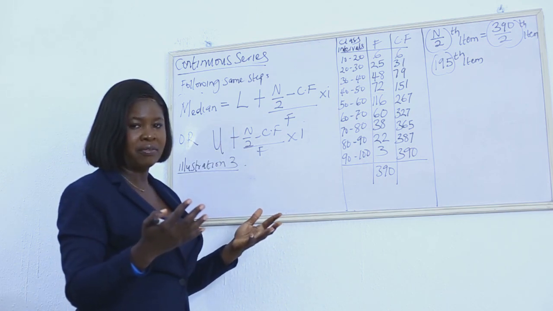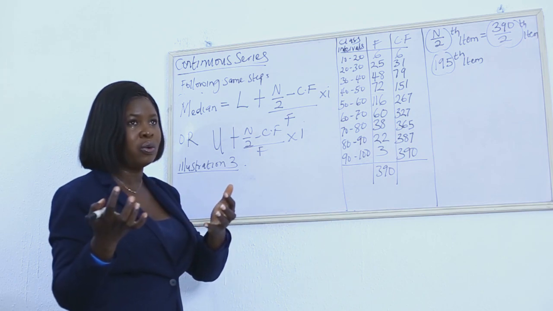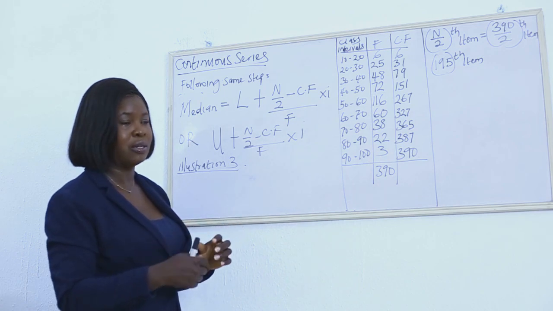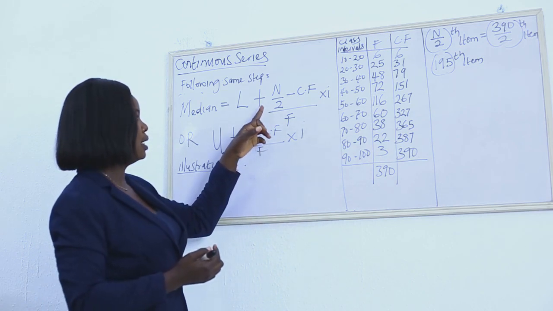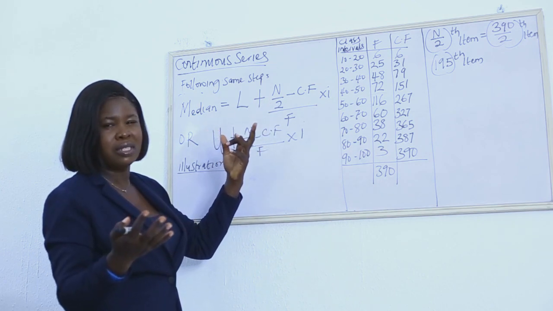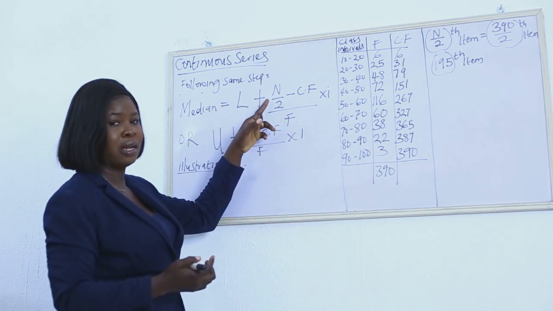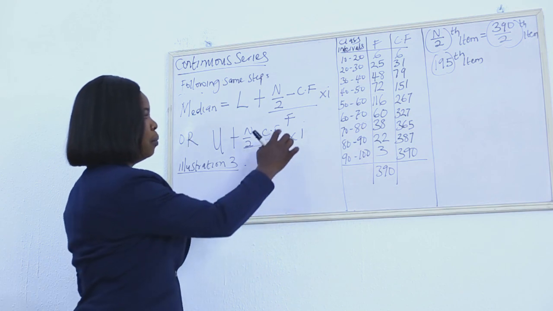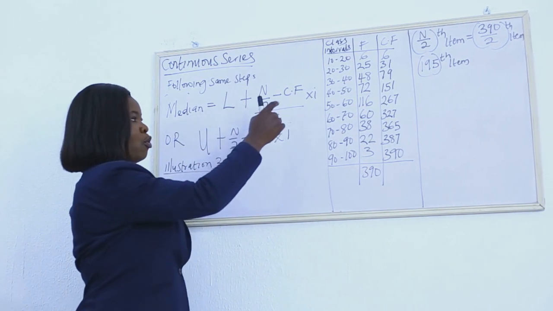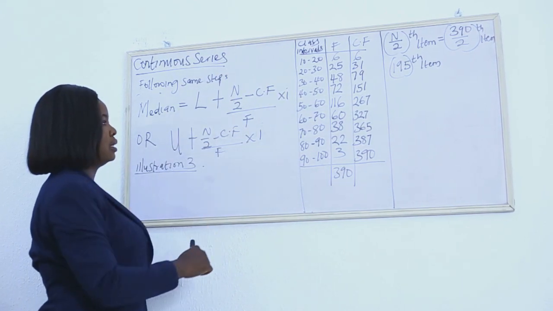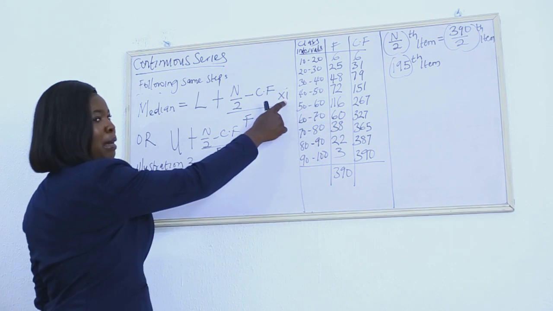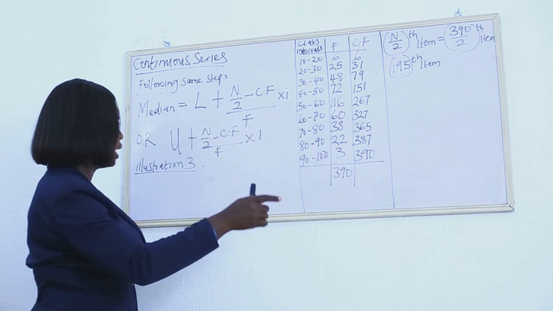We have now agreed that henceforth, especially for a continuous series, that 1 is not necessary. So we just say n all over 2, then minus cumulative frequency of the preceding class, all over frequency of that class multiplied by the class interval of that class.